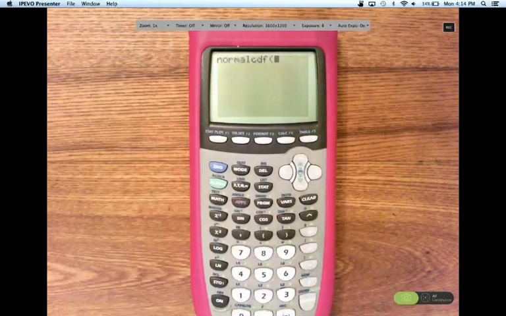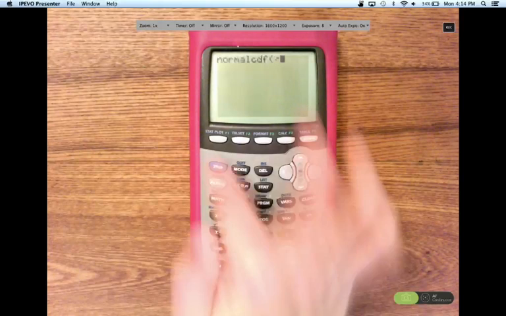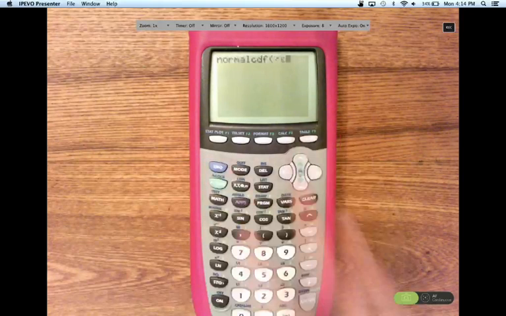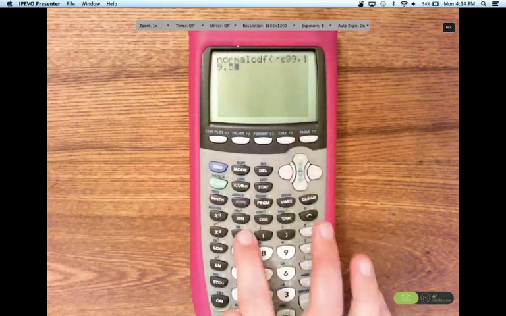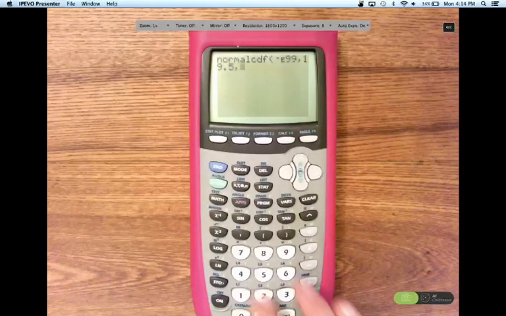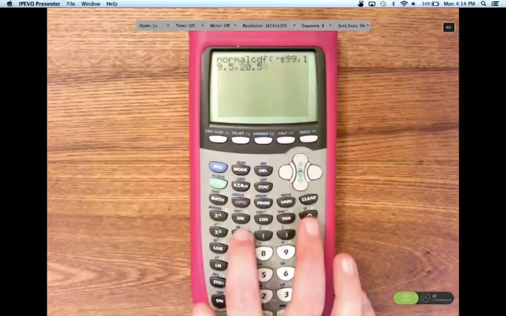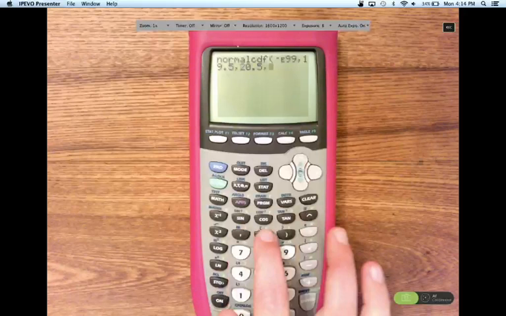And so you're going to hit minus second comma for the minus infinity, then comma, the 19.5, comma, then you're going to hit the mean for the python's length, and then you're going to hit the standard deviation as well.